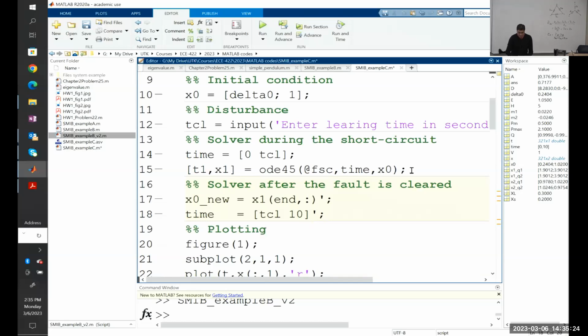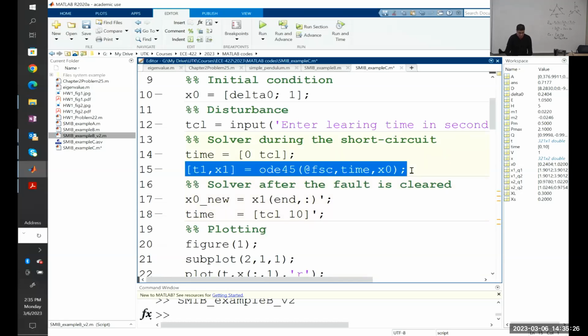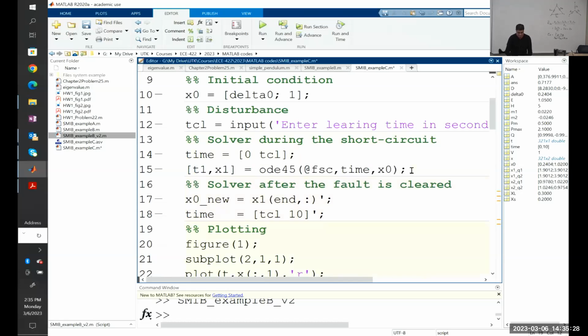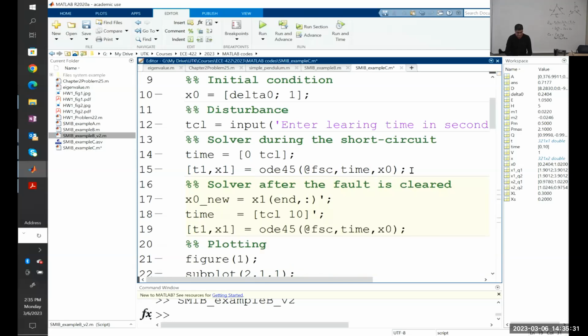And then we invoke the solver again. But in this case, the system is restored and we use the differential equation when the fault doesn't exist anymore in the system. The state variables and the time for this part are going to be T2 and X2.